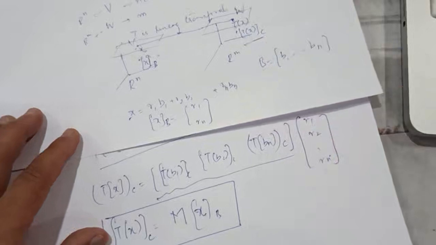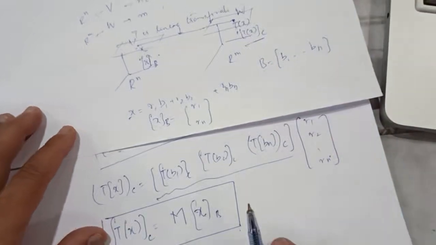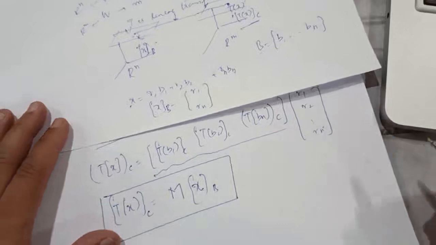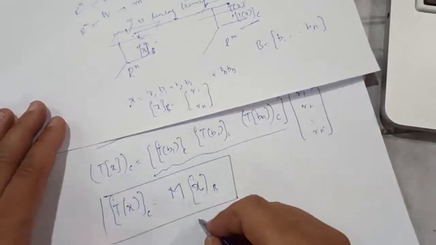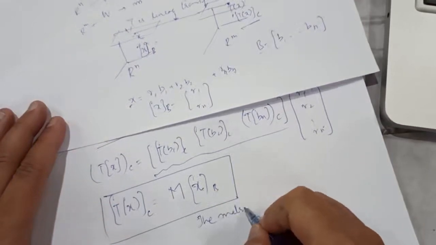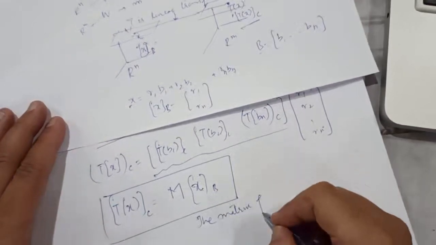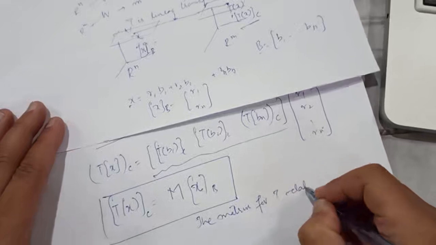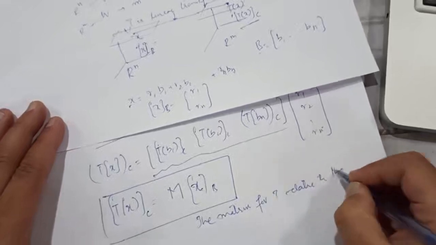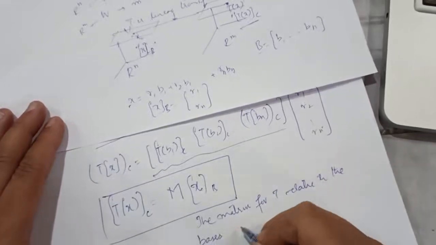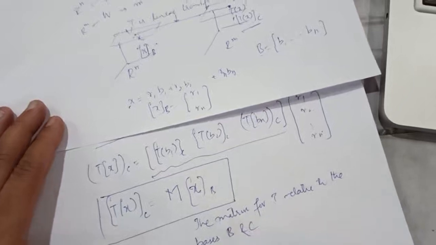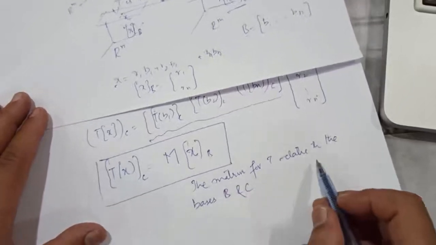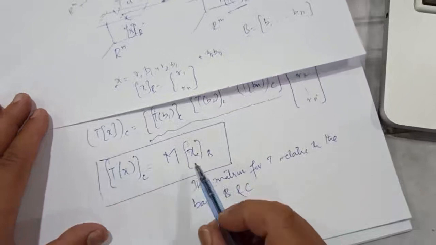Now this matrix M is called the matrix for T relative to the bases B and C.